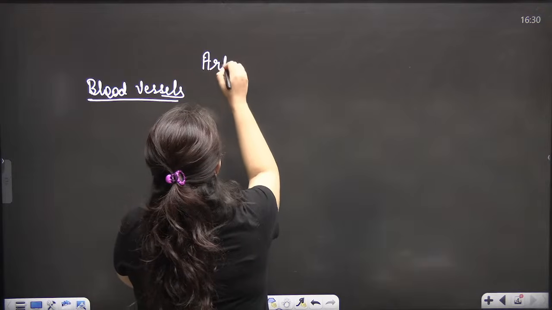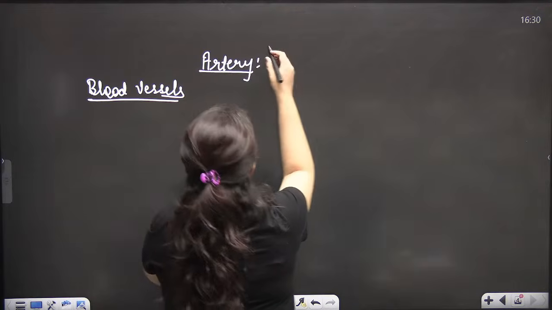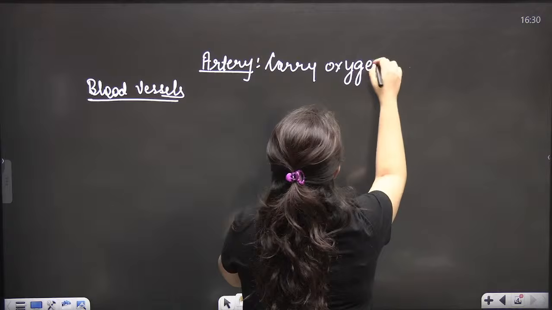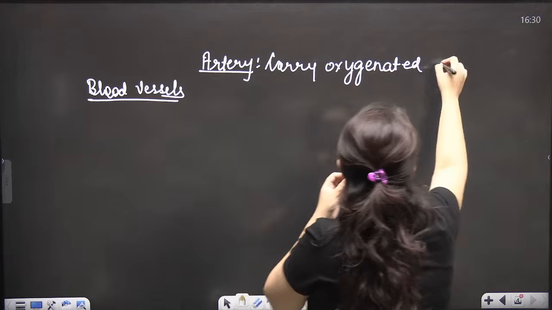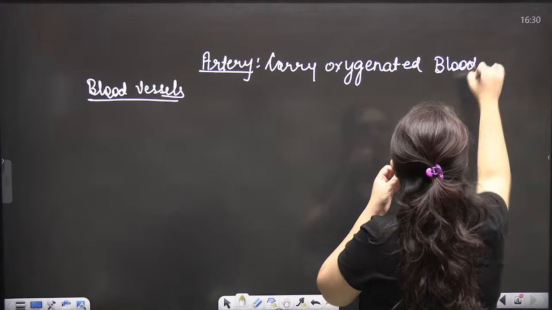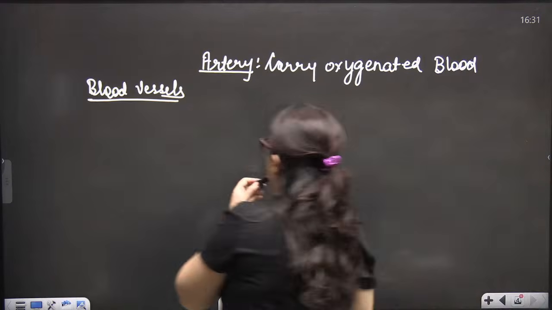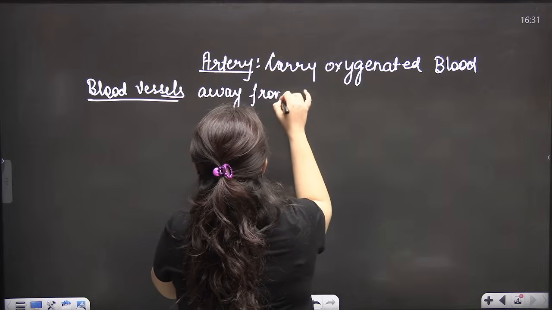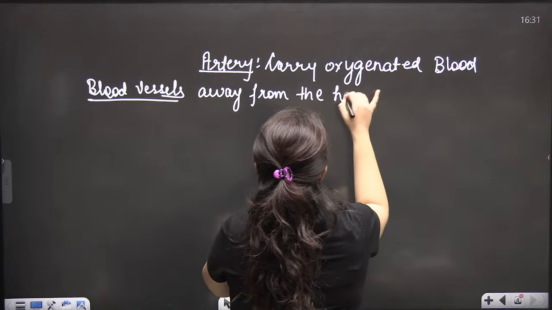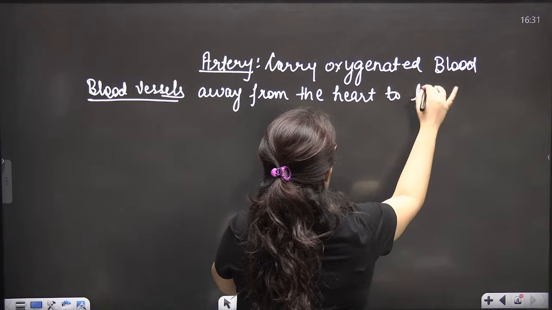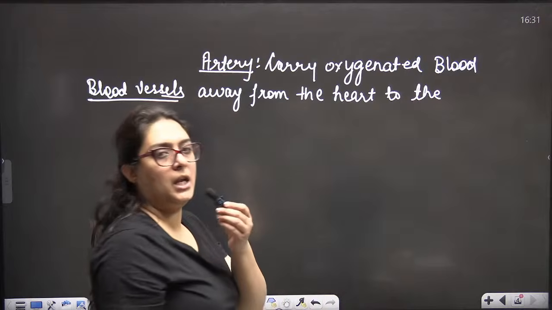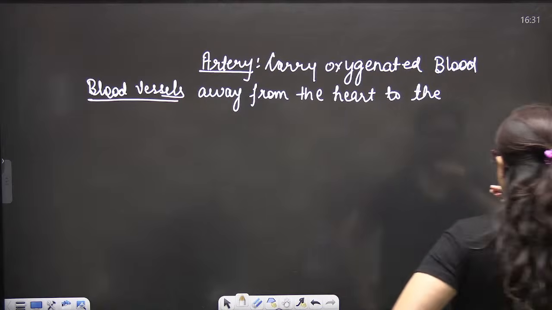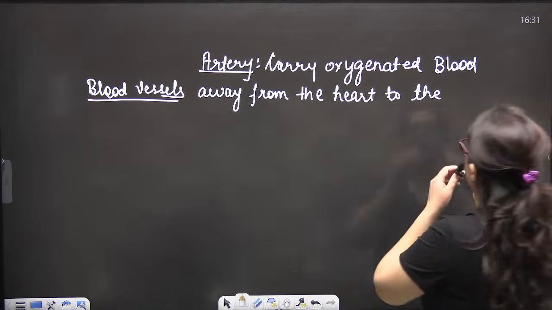Arteries carry oxygenated blood away from the heart to the organs, so that the cells of the organs get the oxygen and then they can produce carbon dioxide.